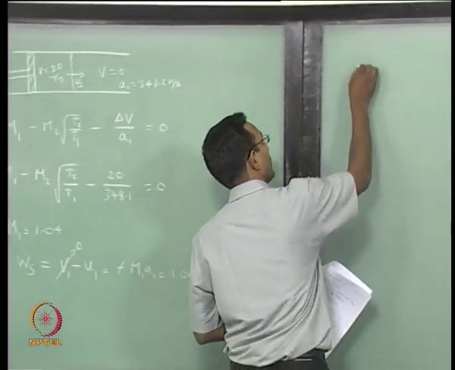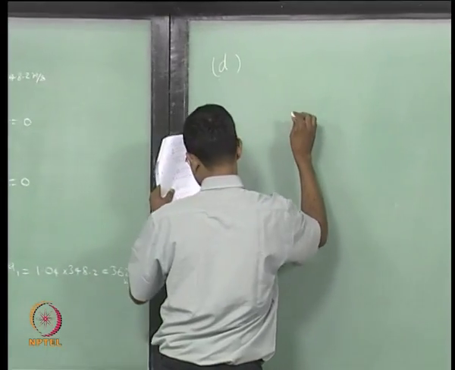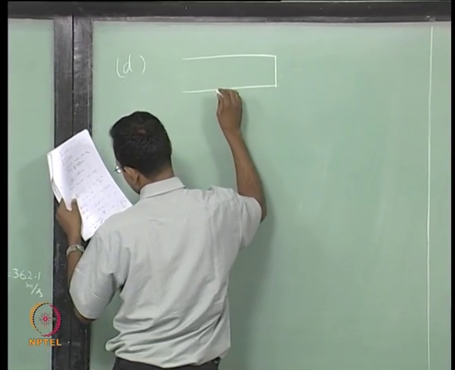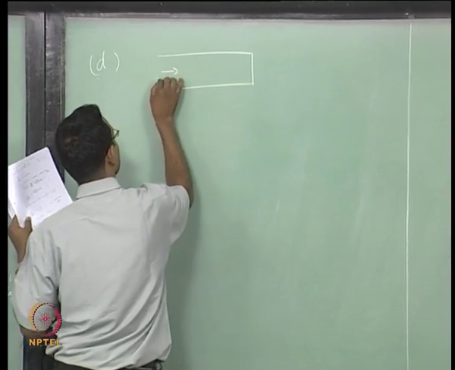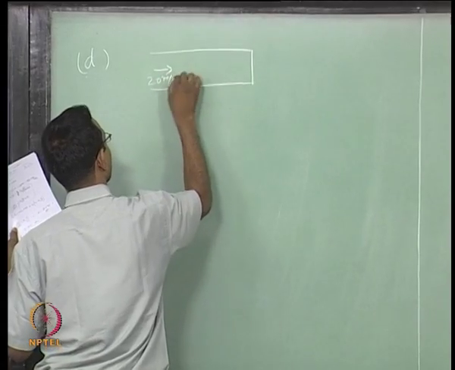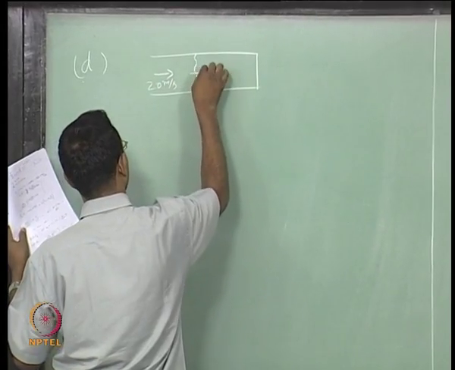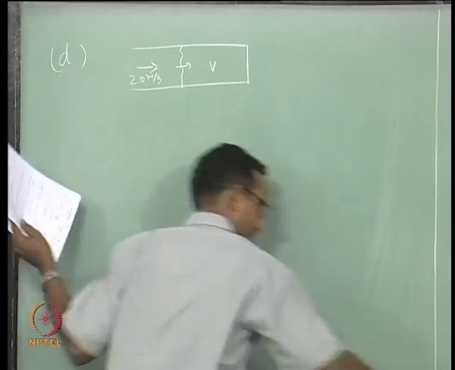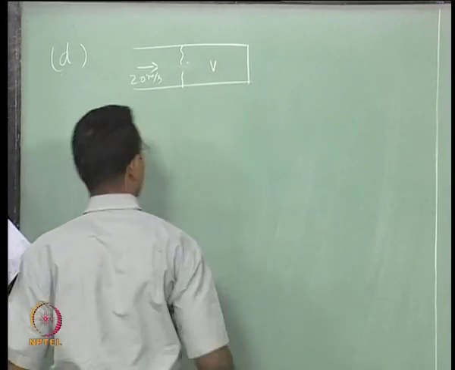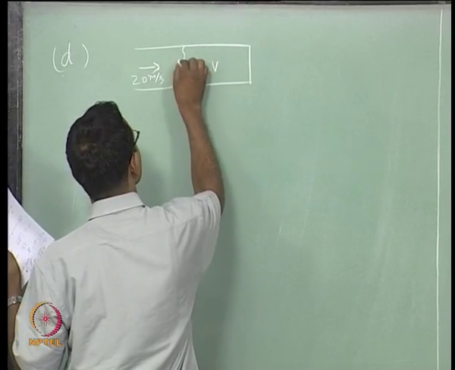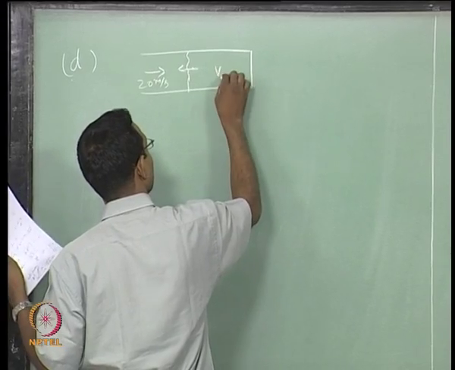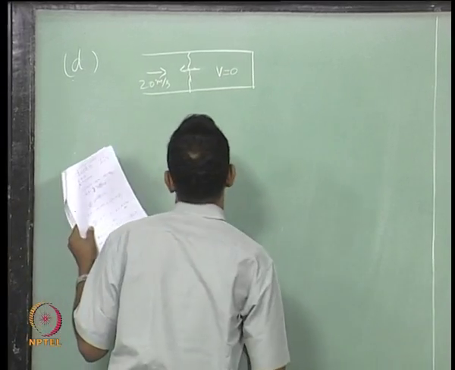Okay. In problem D, we had a case where there was a duct, there was 20 meter per second flow this way, there is a shock going this way, and it is, oh, the shock is going the other way, sorry. Shock is going to the left, and here V equal to 0.